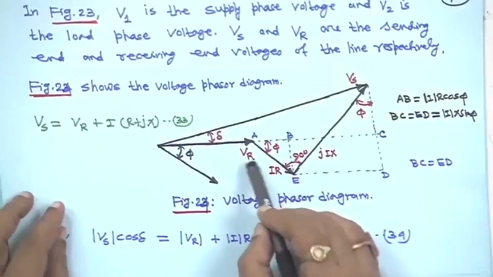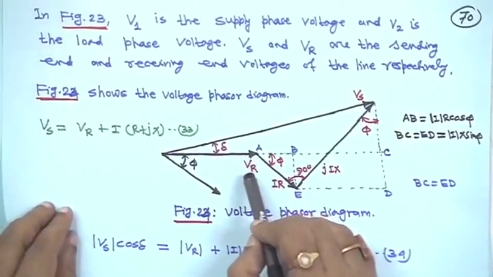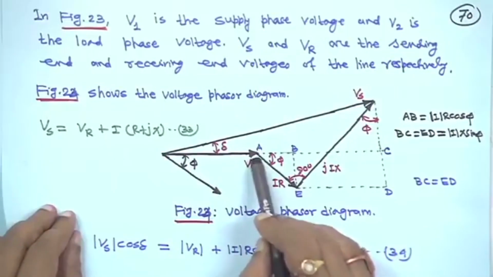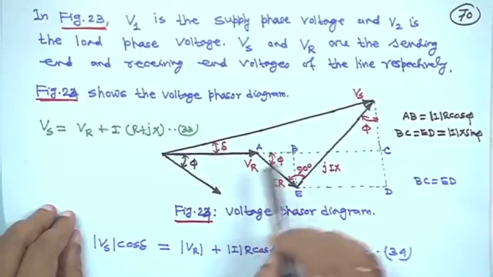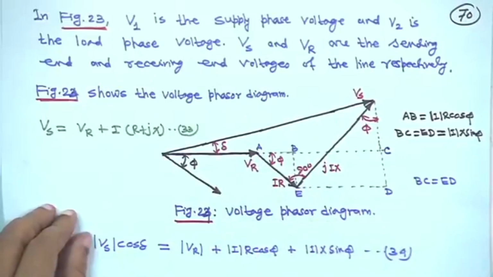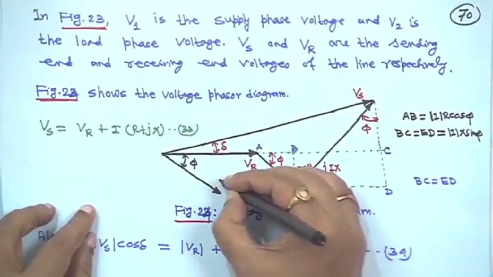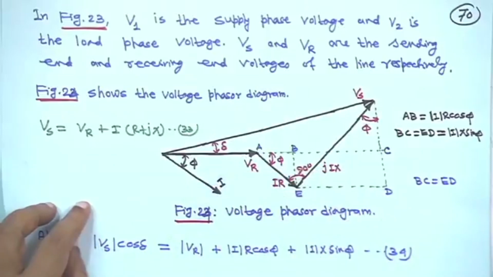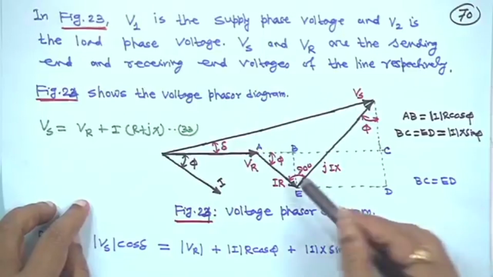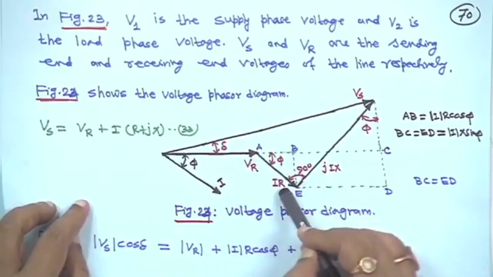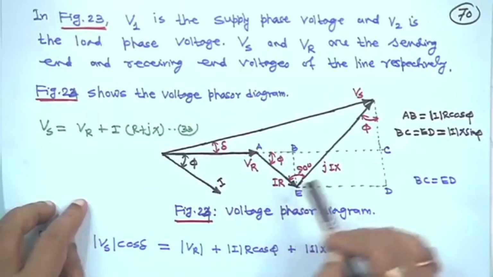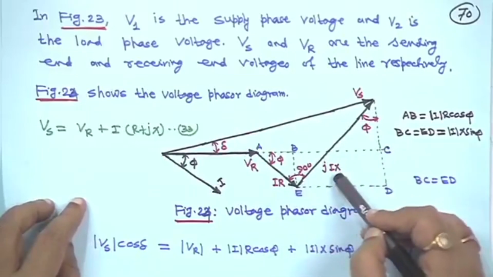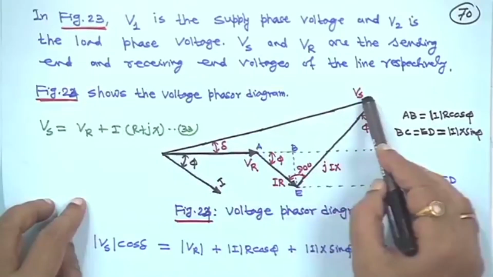Take the receiving end voltage as the reference in a voltage phasor diagram. This is your reference voltage, right, and suppose the current through this is lagging by angle phi, right, and then this voltage is your IR drop, right, and at 90° to it is j into IX, and you complete the phasor diagram.